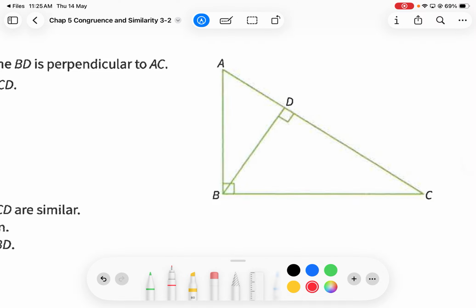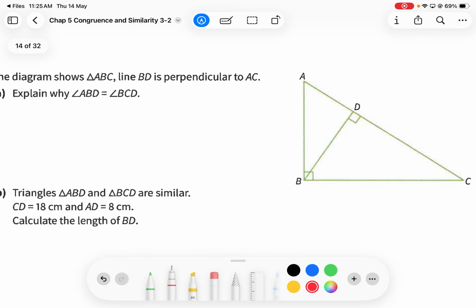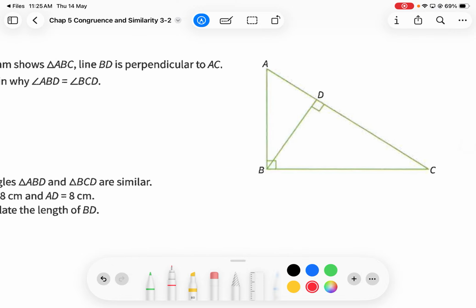They want you to understand why the triangle DBC is similar to BAC. Sorry, ABD, BCD. Then, why are they similar?